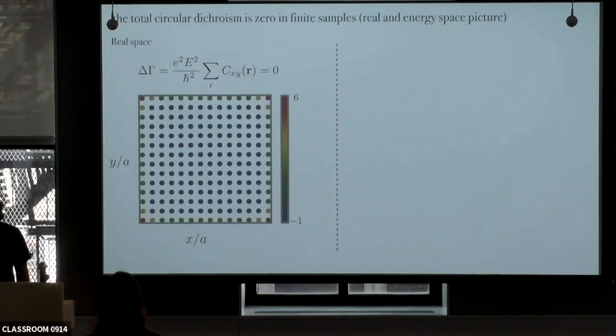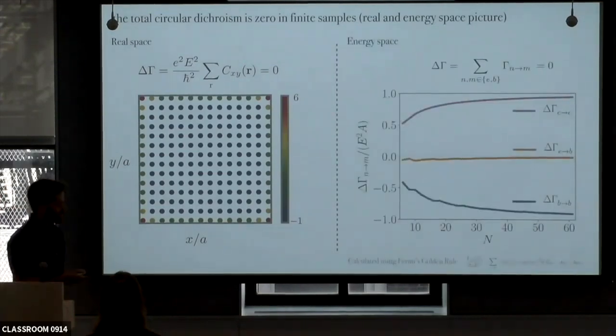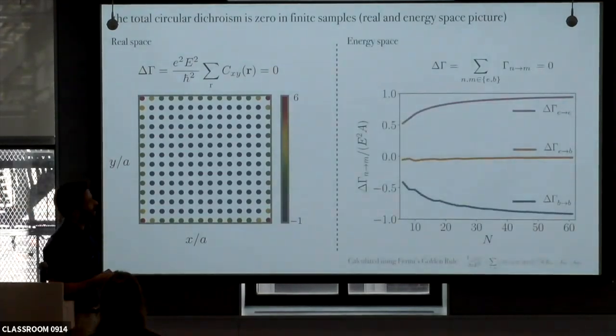Now, in energy space, you can calculate this absorption by looking at which transitions contribute to it. You take the Fermi golden rule and calculate matrix elements, and you separate the ones that connect bulk to bulk states, edge to bulk, or edge to edge. You'll see that as you increase your system size, the edge to edge contribution goes exactly to 1, the bulk exactly goes to -1, and the edge to bulk goes to 0 and dies out.